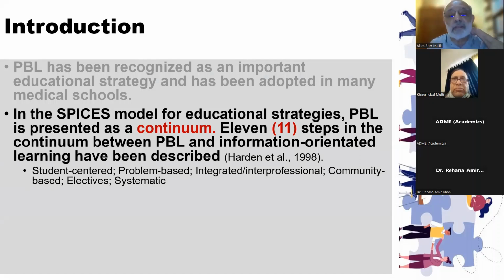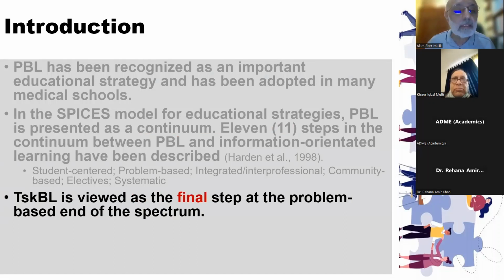Means there are 11 steps between traditional lecture and PBL, and task-based learning is viewed as the final step at the problem-based end of the spectrum. So basically, we can say that task-based learning is the highest level of problem-based learning.